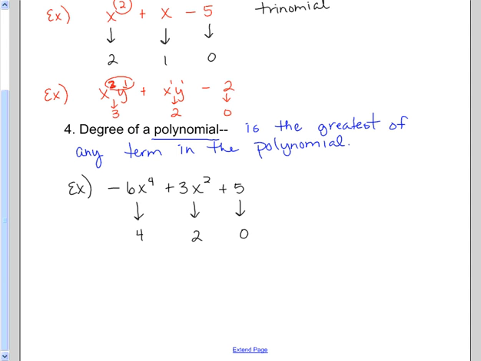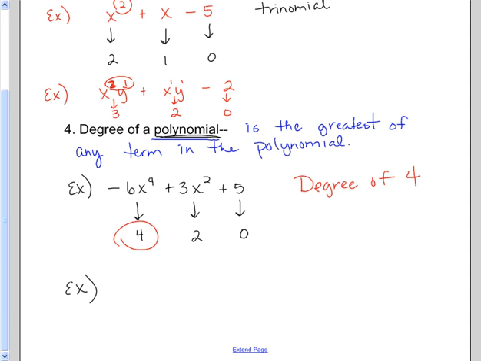Okay, but if the question is, what is the degree of the overall polynomial, it's going to be the greatest degree of any of the terms. So I would say this polynomial has a degree of 4. Okay, so you look at the terms individually, but just the highest one is the degree of the polynomial.